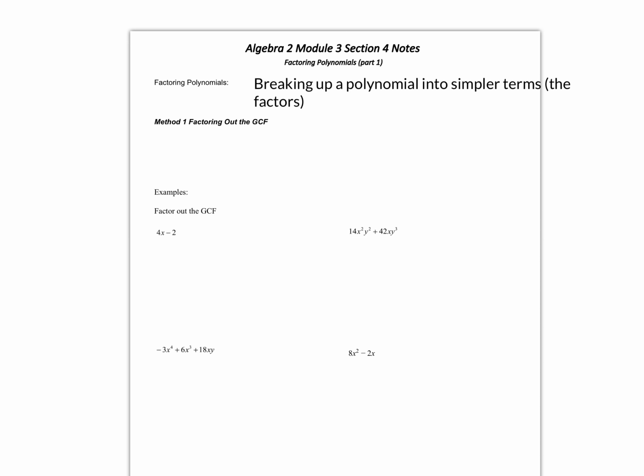Let me reformat here. So breaking up a polynomial into simpler terms, that's the factors, and then we're going to say that these terms, when multiplied together, should equal the original polynomial.